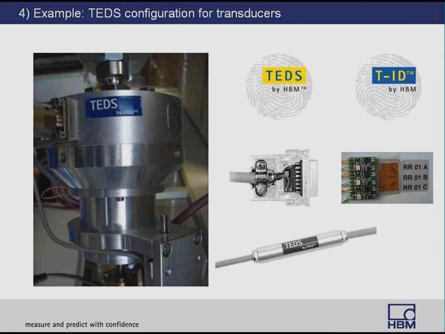The TEDS chip can be stored in the transducer itself. It can be used in the connector as it is shown in this picture, or it can be included into the cable. And on the right side you can also see another example of a TID board with 3 TIDs for a strain gauge rosette sensor.